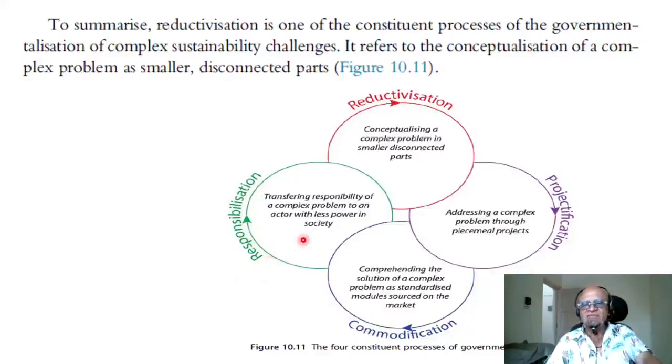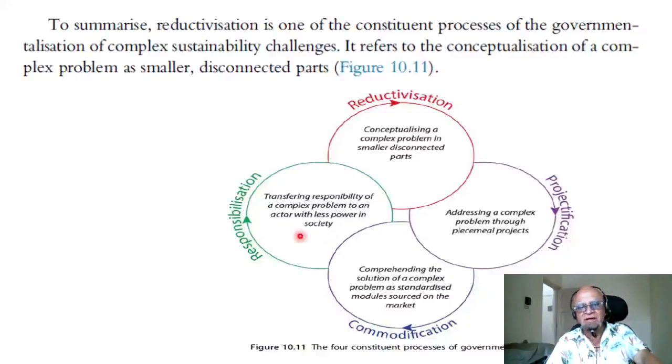Responsibilization is transferring responsibility of a complex problem to an actor with less power in society. So sustainability as a whole is a huge challenge, and it is obviously a problem of governing and governmentalization, but also collective action with leadership and all the ships that we talked about before.